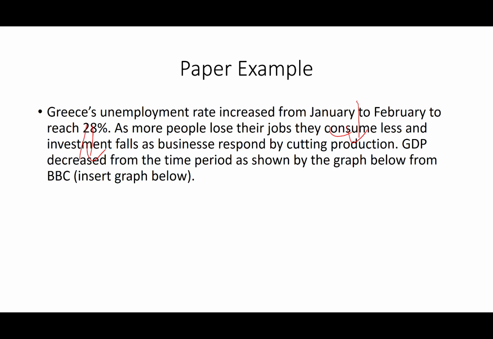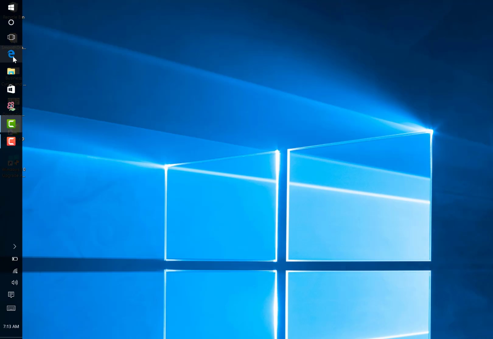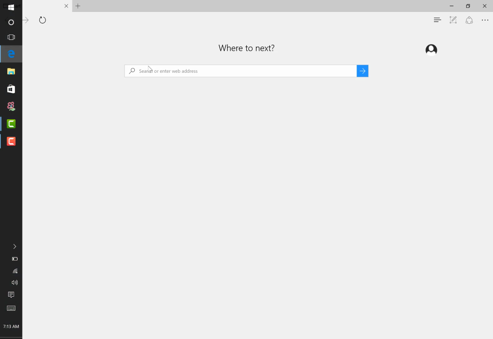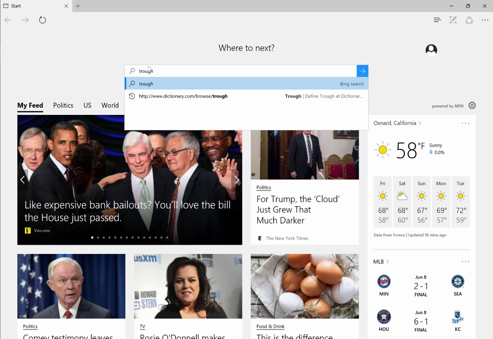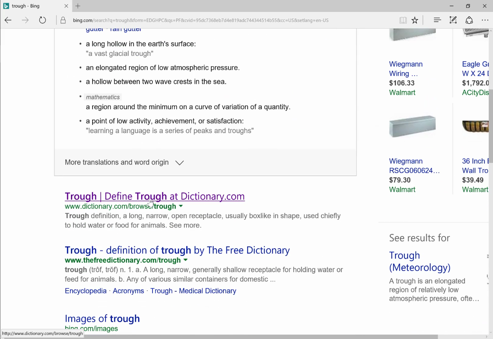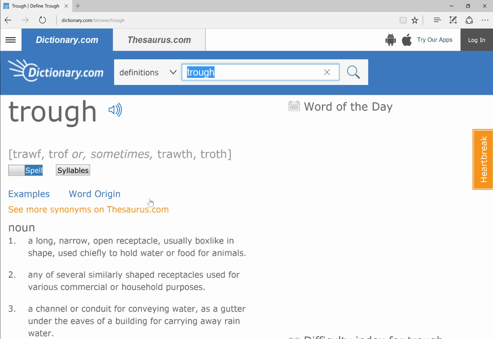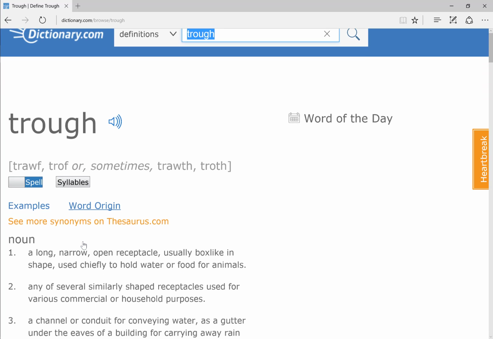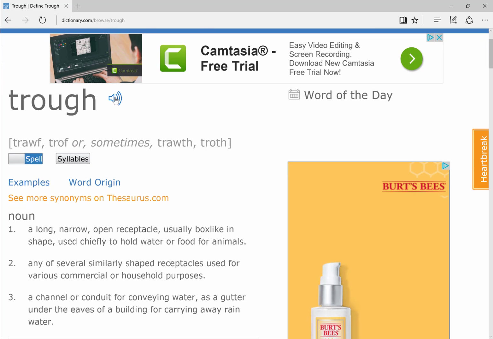GDP decreases from the time period as shown by the graph below from BBC. And so here we have GDP decreasing from the time that we stated, January to February. Trough.